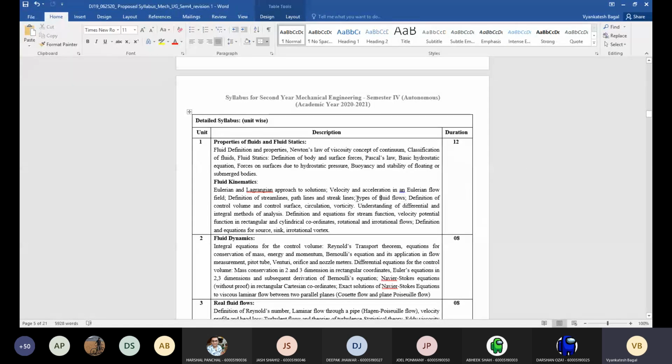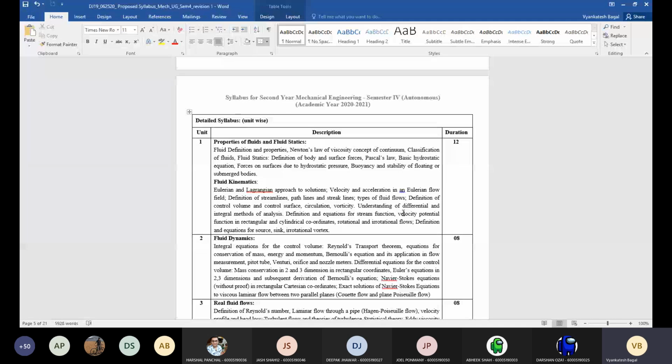So how you define the different types of flows, like what is 1-dimensional, 2-dimensional, 3-dimensional flow, what is laminar, turbulent flow, what is compressible, incompressible flow, what is rotational, irrotational flow, or what is steady, unsteady flow, what is uniform, non-uniform flow. All those classifications of flows will be covered in this topic itself, fluid kinematics. Clear?